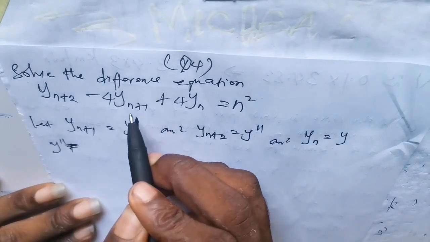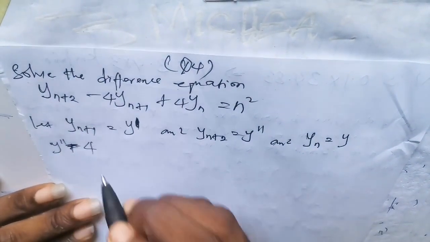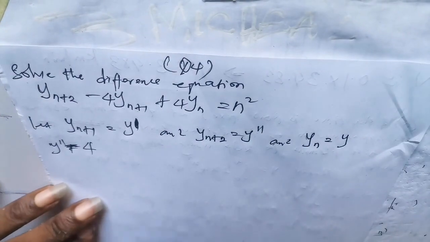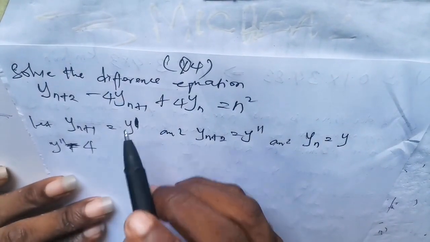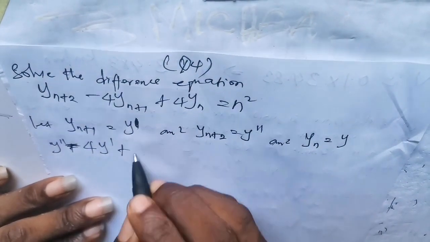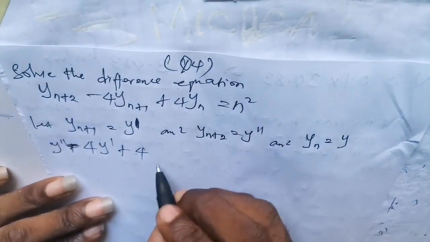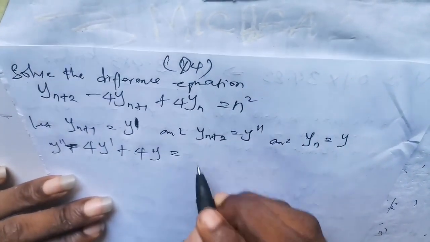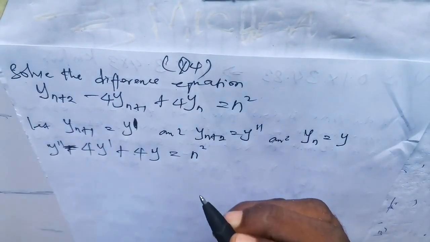So I have minus 4y_{n+1}, so it becomes minus 4. Okay, please, this is minus. All right, so y_{n+1} is called y prime plus 4. y_n here is simply called y, and this is equal to n squared.